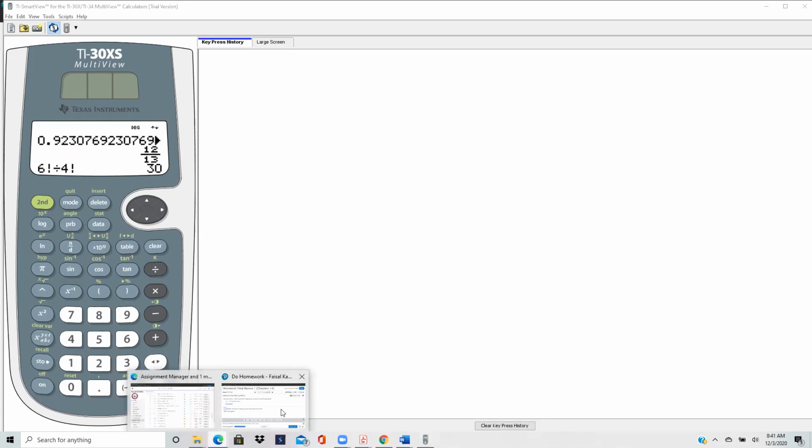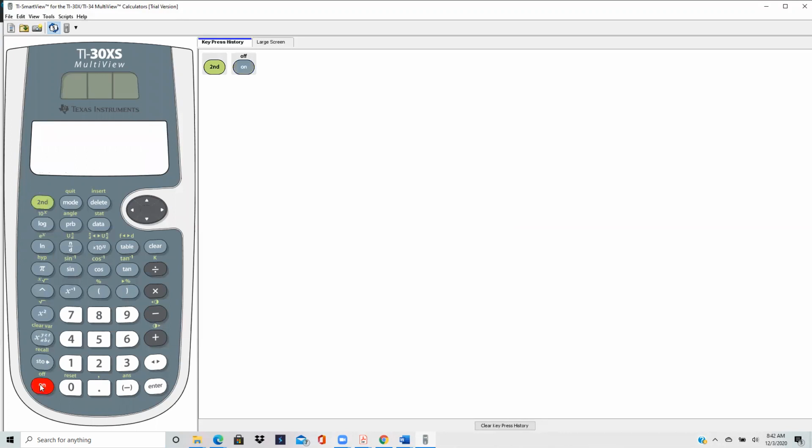Okay, do you want me to do it? Yes, I want to see how it's done. Okay, so let's clear everything. For the 10 factorial, you would do 10 and PRB. Then you scroll down to the factorial.